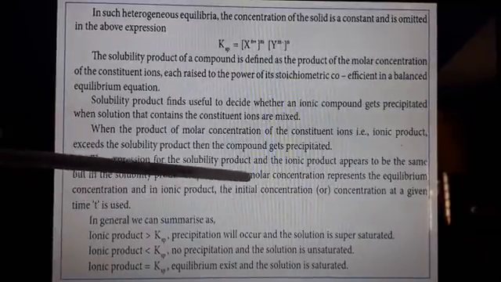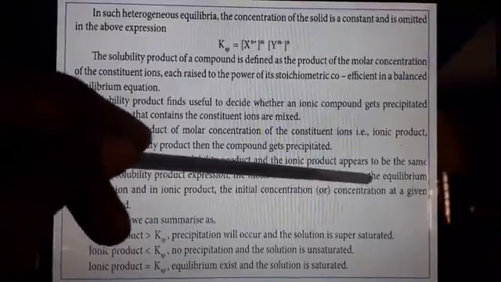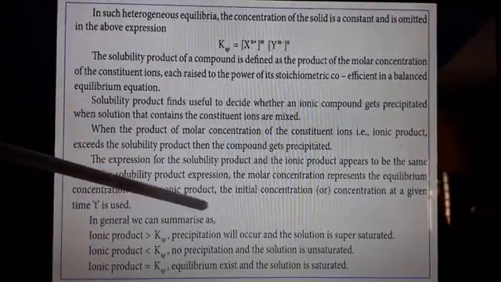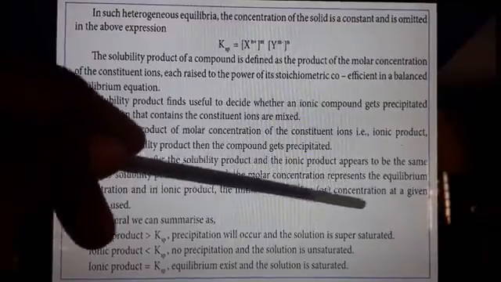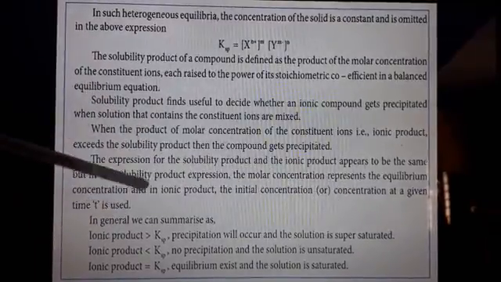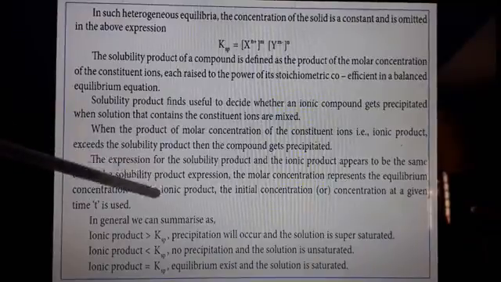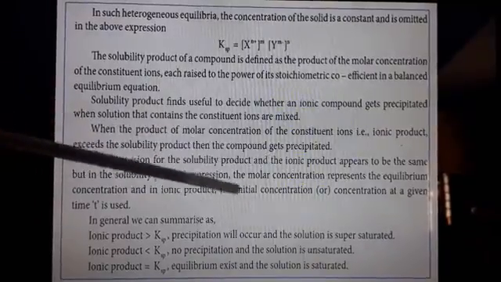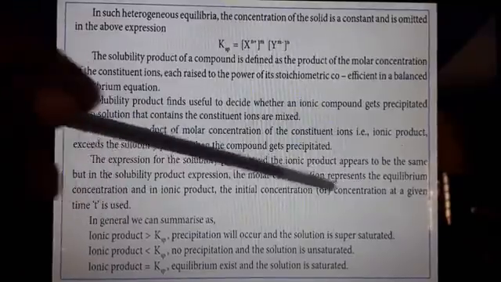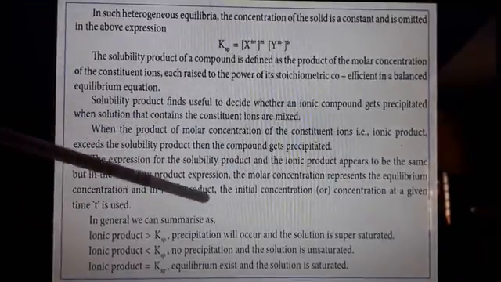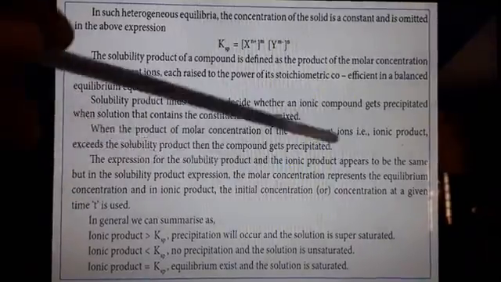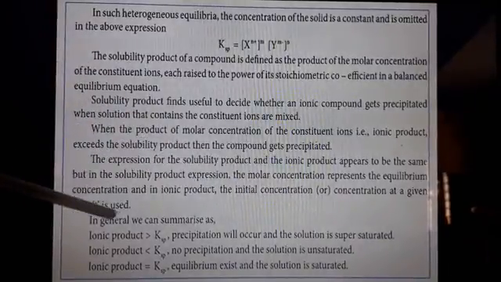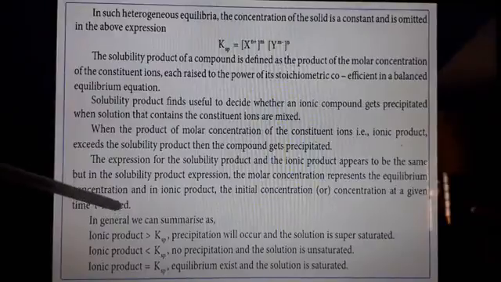In the ionic product, the initial concentration or the concentration at a given time is used. This is the concept for solubility product.